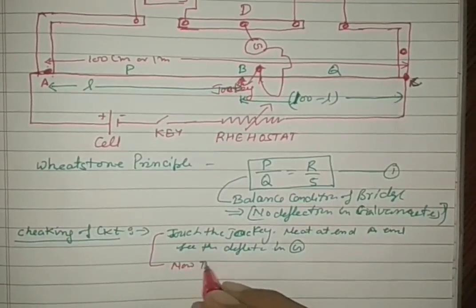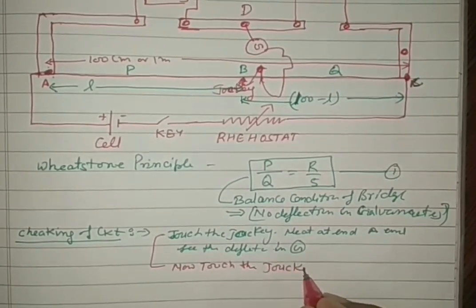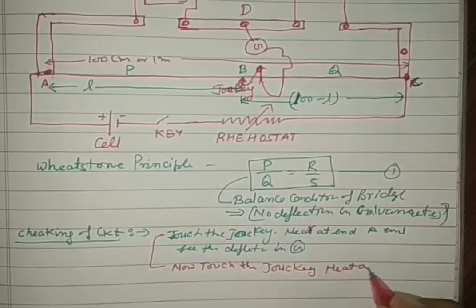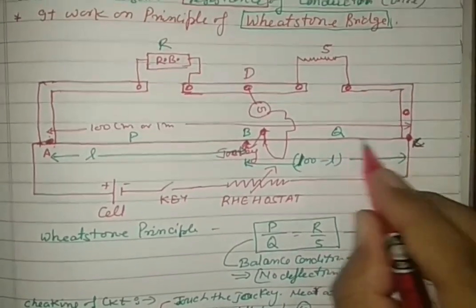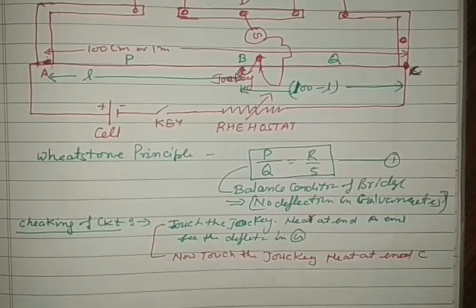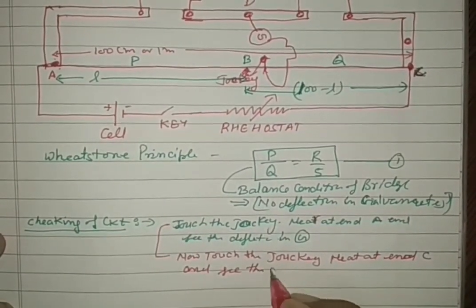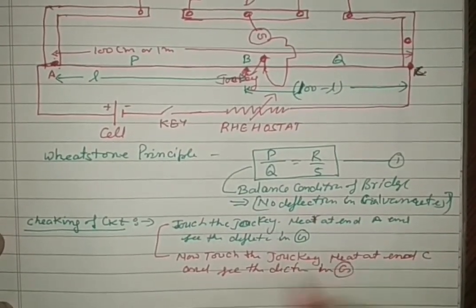Now touch the jockey near end C, somewhere here, and see the deflection in the galvanometer.